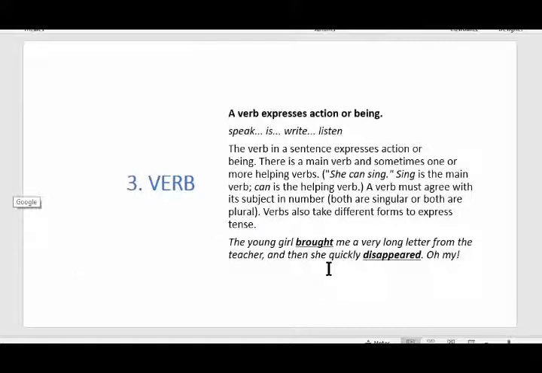In here, the sentence says, the young girl brought me a very long letter from the teacher. So the word brought is describing the action that was done. So this word that describes the action is what we call verb. Similarly, even in here, it says, and then she quickly disappeared. So she disappeared. So even this is describing an action. So this is also called a verb.